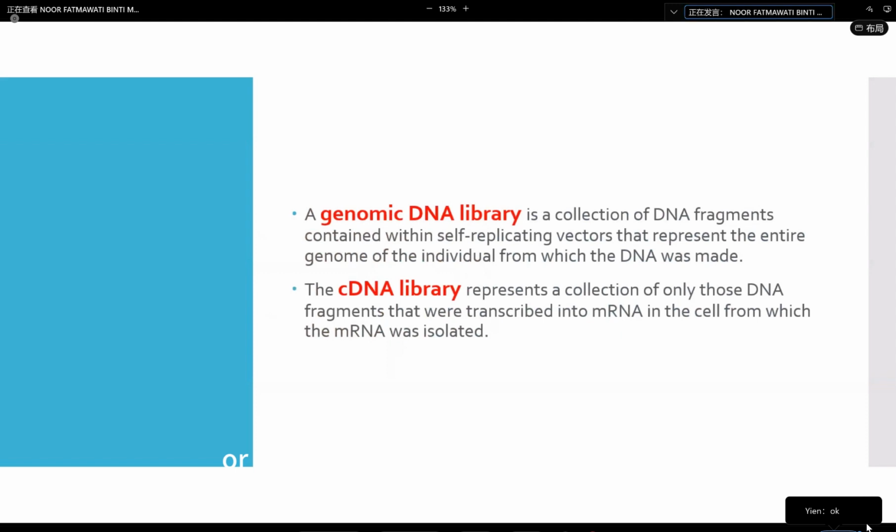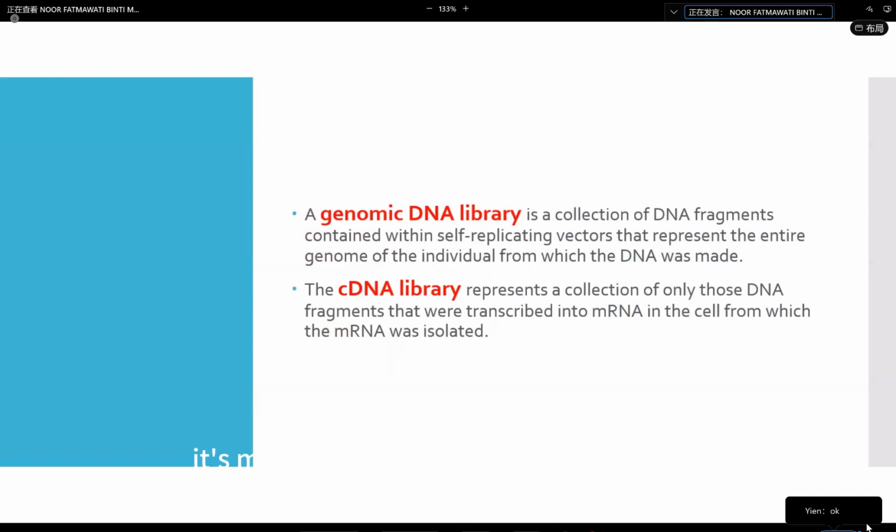Okay, so the libraries: the difference between a genomic DNA library and a cDNA library. A genomic library is a collection of DNA fragments contained in self-replicating vectors, of individual DNA.